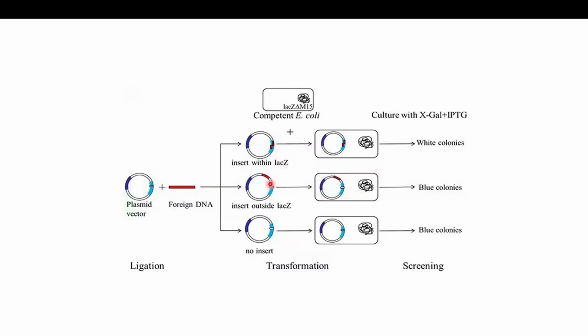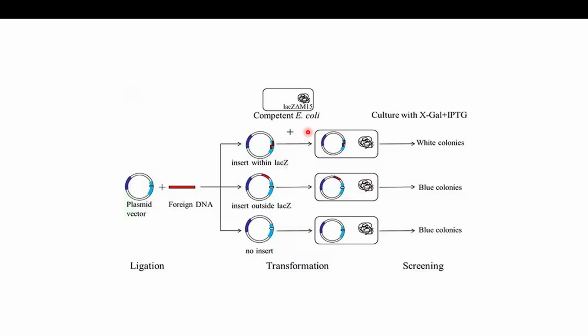In this scenario, LacZ alpha can encode a functional alpha peptide, as in can express the fully functional alpha peptide. Another scenario can be that the foreign DNA hasn't been inserted at all, right? So in the scenario where there's no insertion, or the foreign DNA is inserted outside this particular stretch of LacZ alpha, both these scenarios will eventually encode a functional alpha peptide.